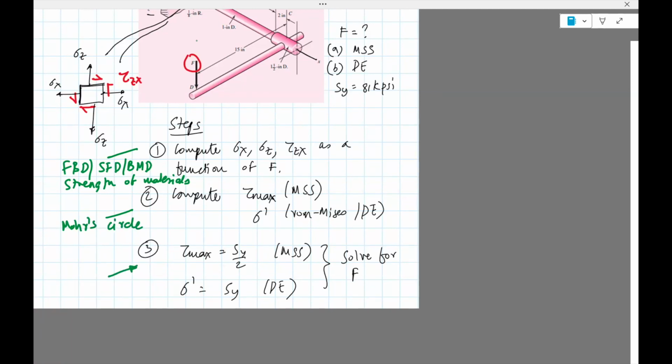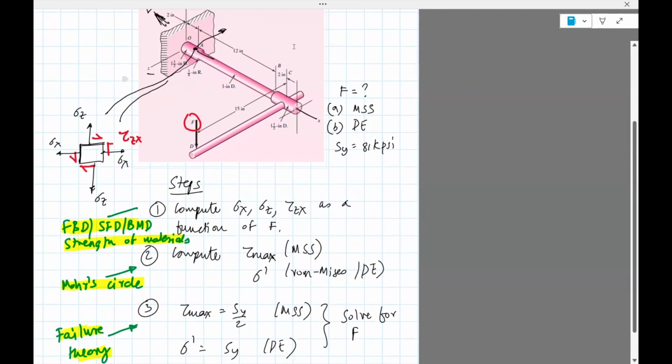And this is a failure theory problem. So now you can see how what you learned in probably statics class, strength of material class, ties with what we're going to do in design. Okay, we've also done this in the previous classes, so hopefully that was good review for you.